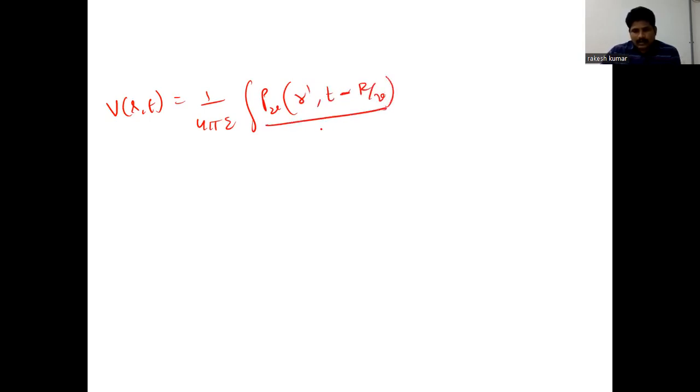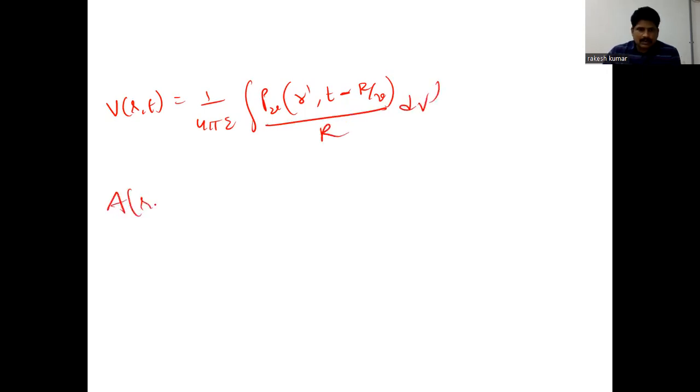Therefore, V of r comma t is equal to 1 by 4 pi epsilon integral of rho of r dash comma t minus r by v, by r, into dV dash.